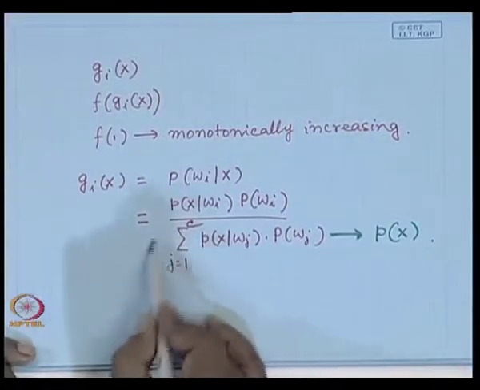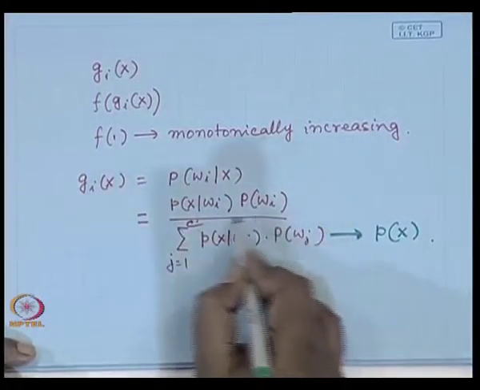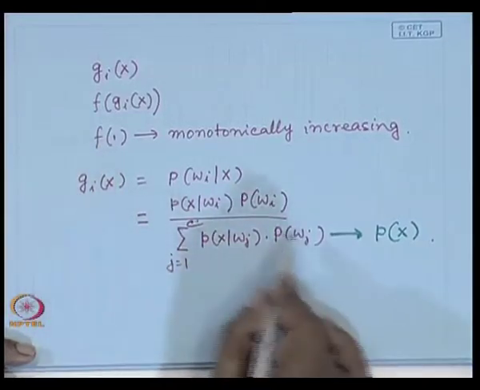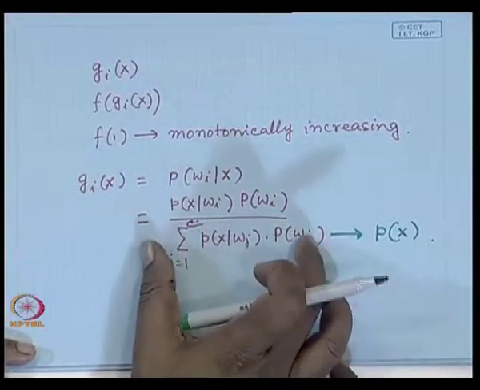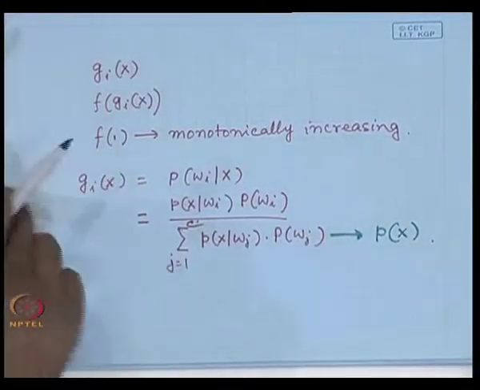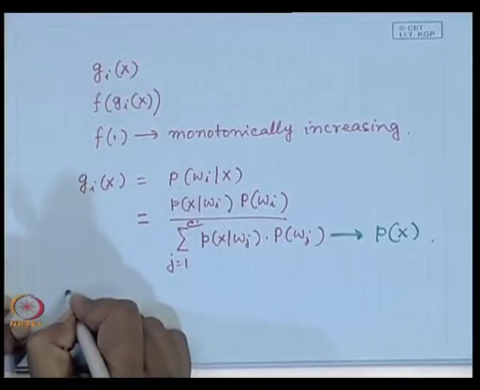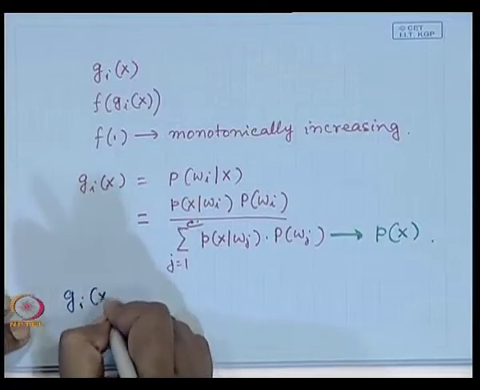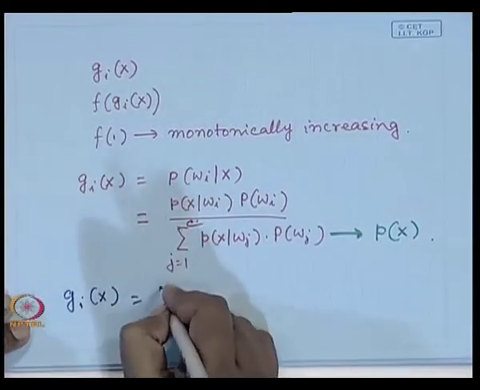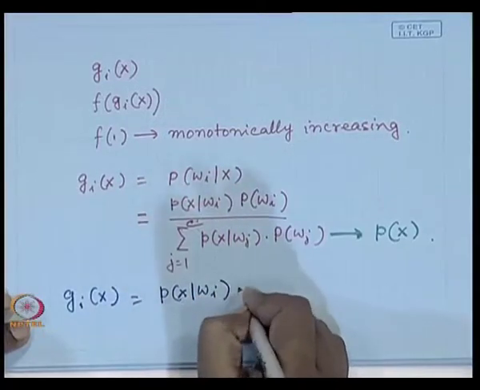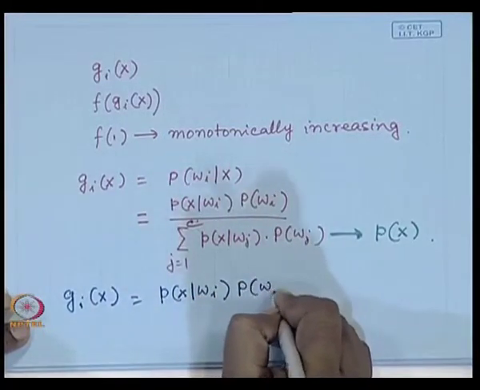Okay. And because this term appears in the denominator of all the discriminant functions, for every value of i, I can simply remove it when I design my discriminant function. So, my discriminant function will simply be g_i(x) equal to p of x given omega i into p of omega i.